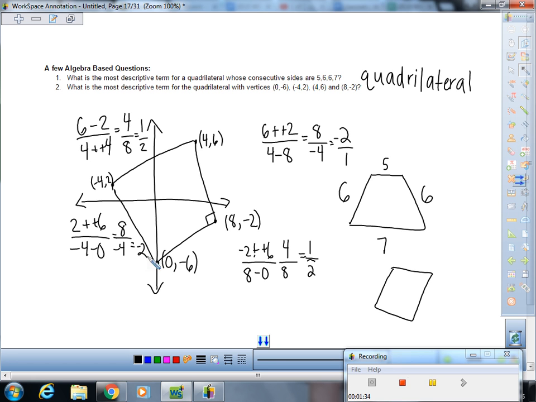So we know that all the angles are right angles because all the sides are perpendicular. Now we have to figure out whether it's a rectangle or a square. So we can do this by finding the slope of the diagonals and seeing if they're perpendicular, because if it's a square, then the diagonals would be perpendicular bisectors of each other.